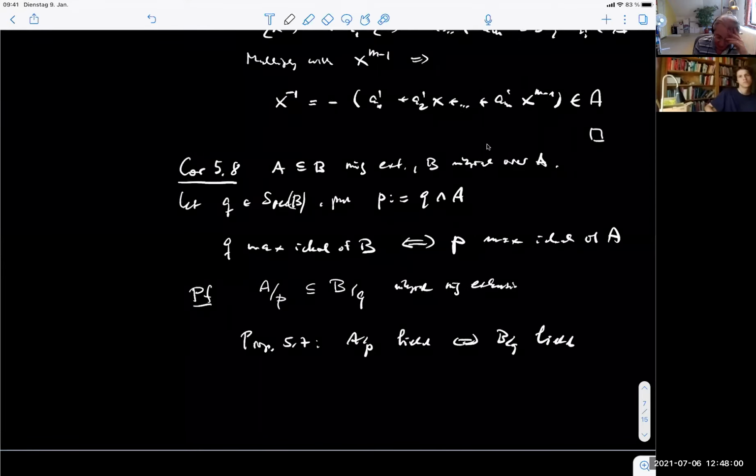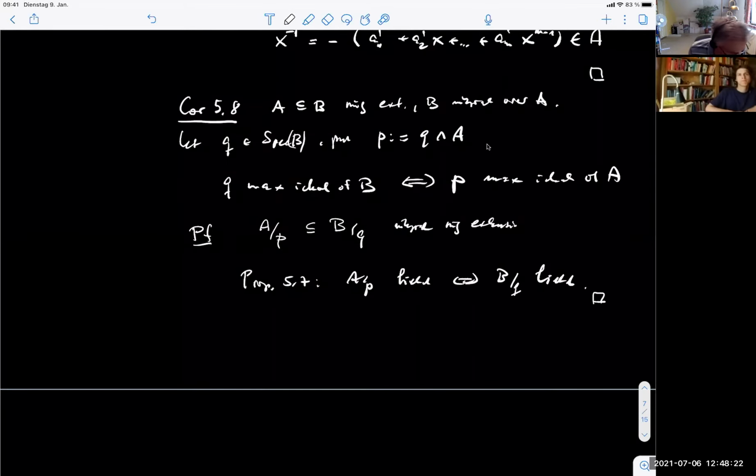So this means exactly P is a maximal ideal if and only if Q is a maximal ideal. Okay, good. Question?